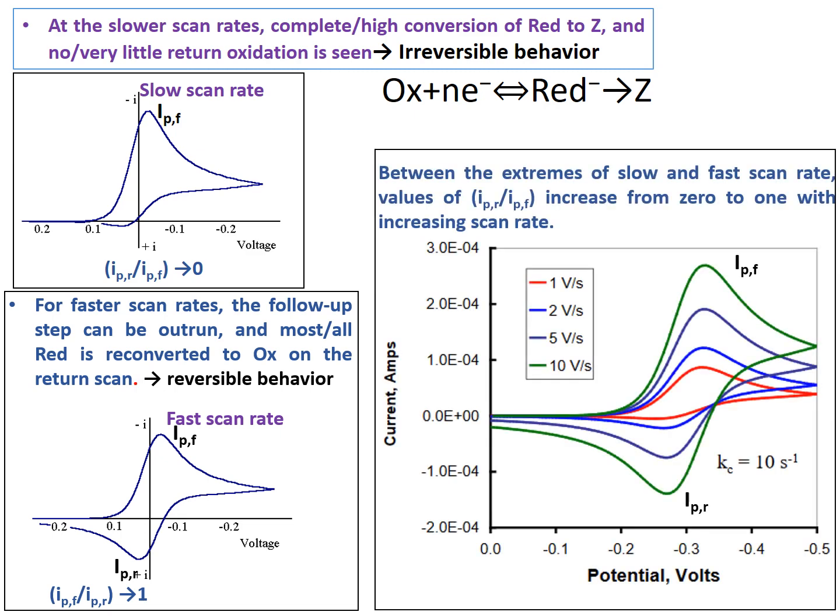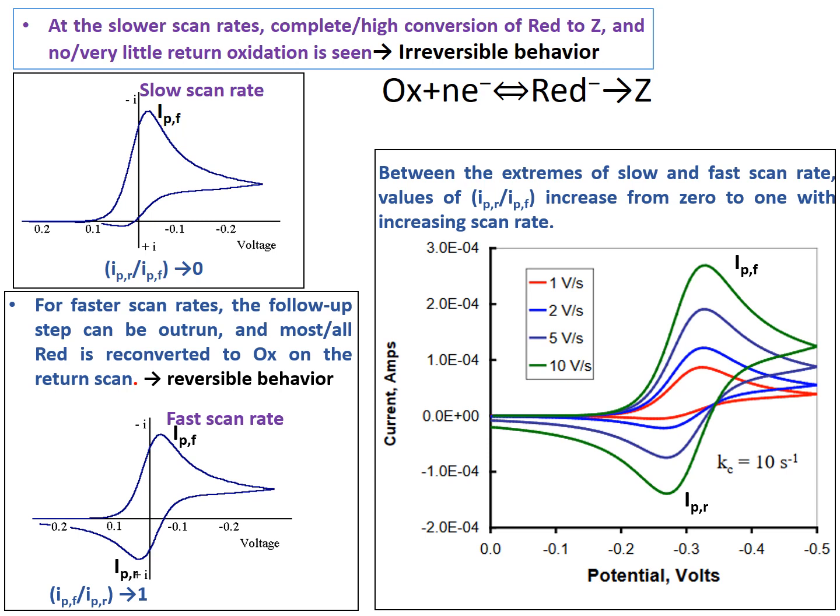Now we will see the intermediate scan rate. Between the extremes of the slow and fast scan rate, the value of the peak current in the reverse process, that is the ratio of the anodic peak current to the cathodic peak current, will increase from 0 to 1 with increasing scan rate. In this plot you can see the third one.